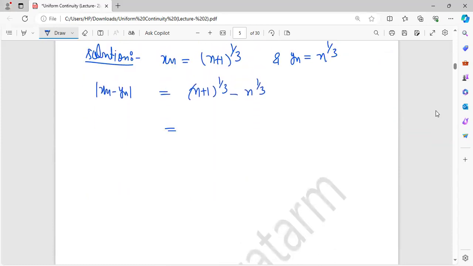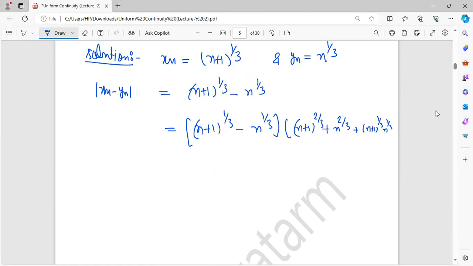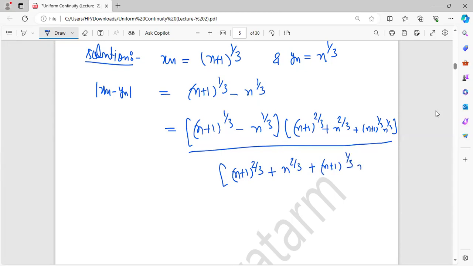So what I will do is multiply and divide by (n plus 1) to the power 2 by 3 plus n to the power 2 by 3 plus (n plus 1) to the power 1 by 3 times n to the power 1 by 3. So what will this be? The a cube minus b cube formula you apply here.